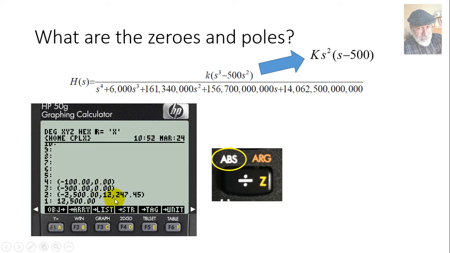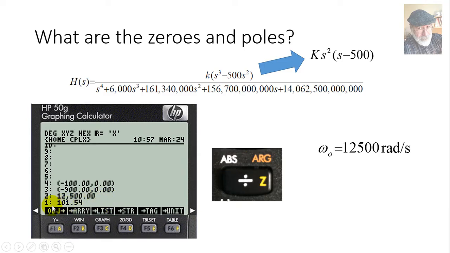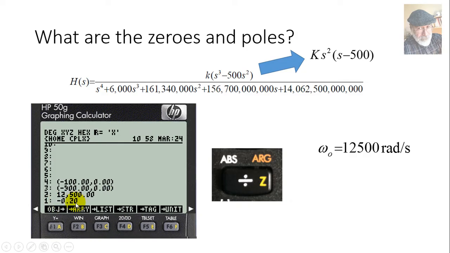And to find the damping factor, allow me to swap that. All I do is take the cosine of the argument of that eigenvalue, either of them, the absolute value. Argument 101 degrees, and now we take the cosine, and the absolute value is the damping factor, 0.2.